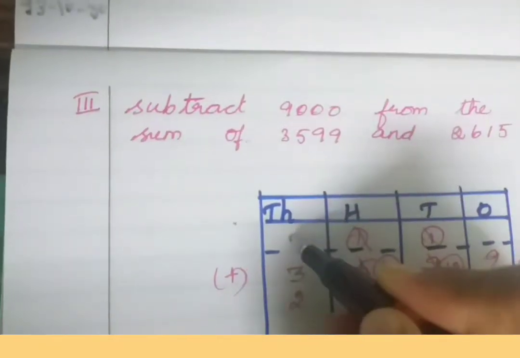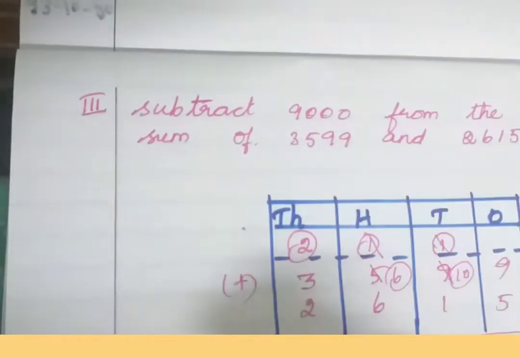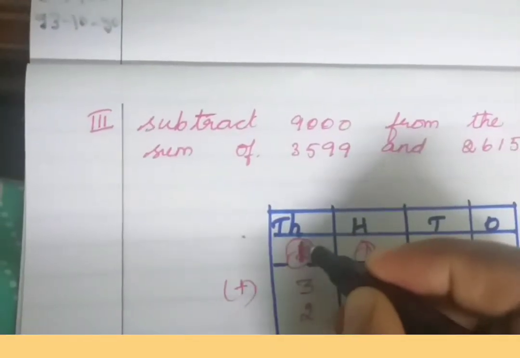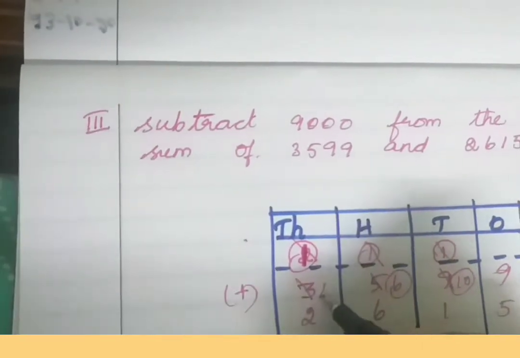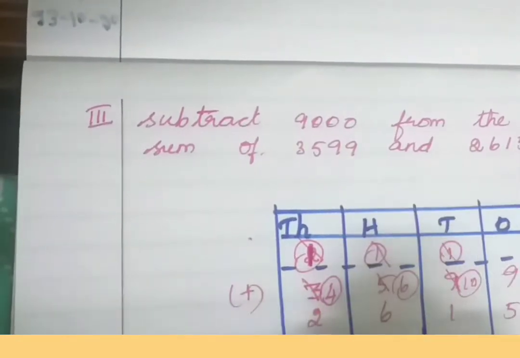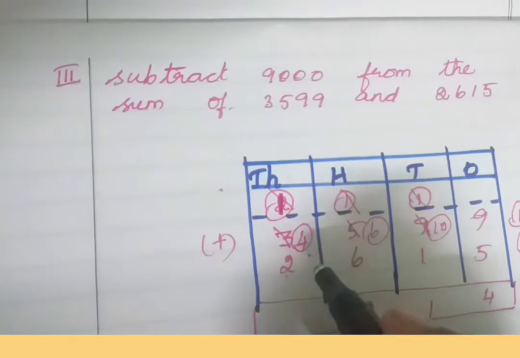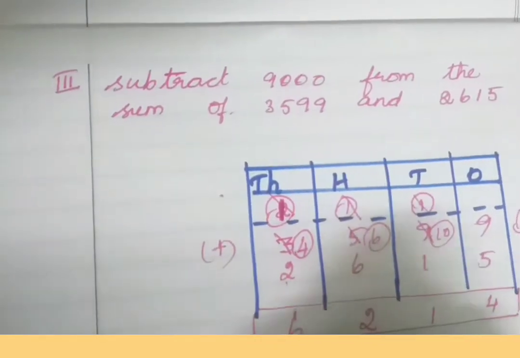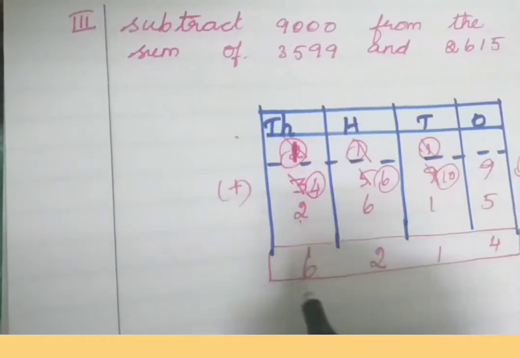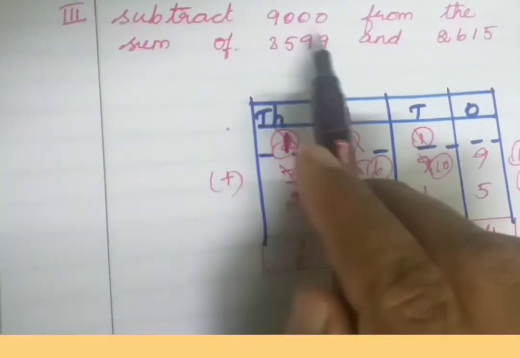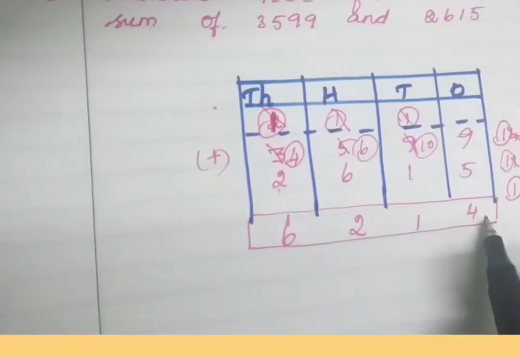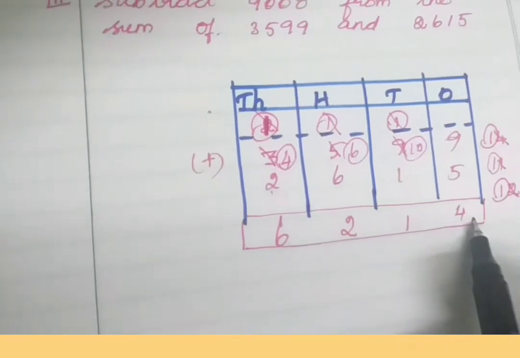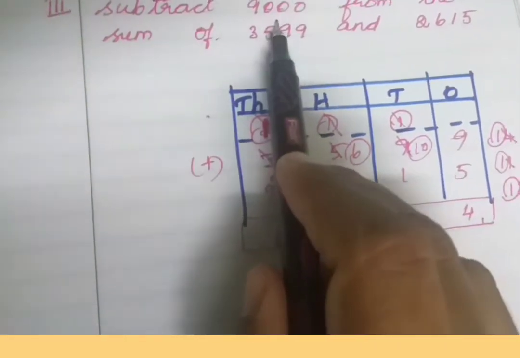Circle the number in the next place. So 1. 1 plus 3, 4. 4 in the mind, 2 in the finger, 4 after, 5, 6. So the answer, the sum, is 6,214.